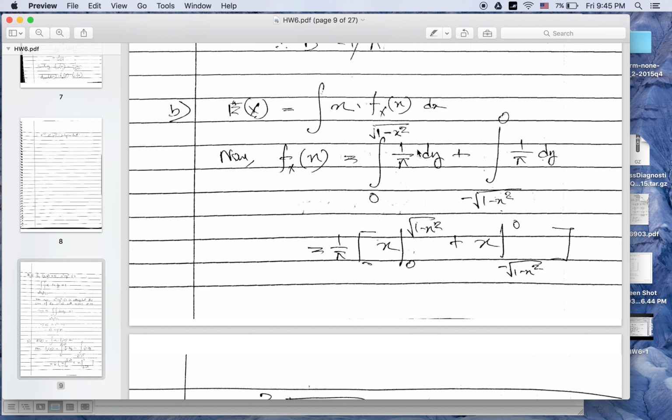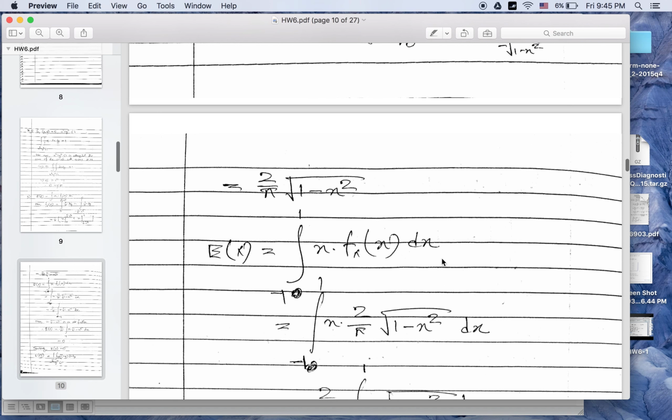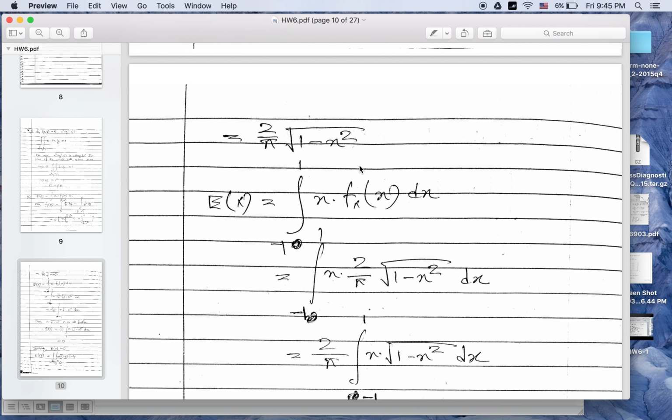Similarly, y lies between minus root of 1 minus x square and plus root of 1 minus x square. So we take the integration and we find that the value of fx is 2 by pi into root over of 1 minus x square.